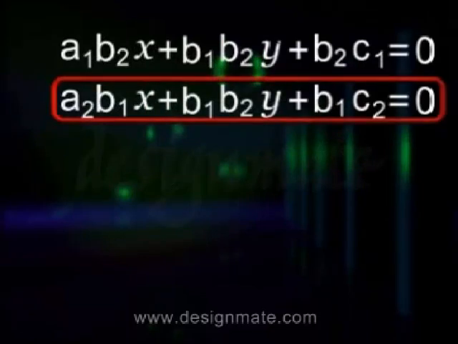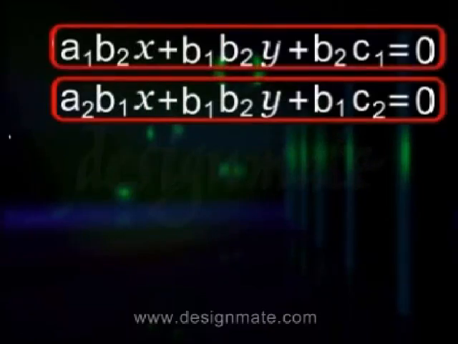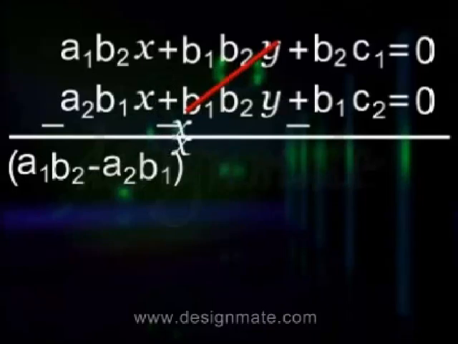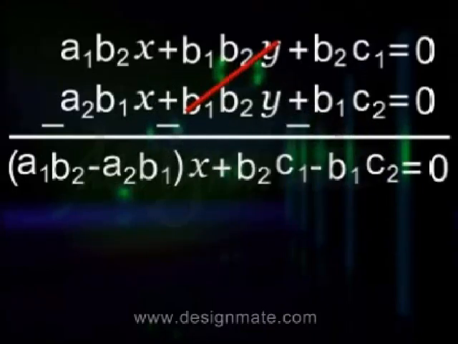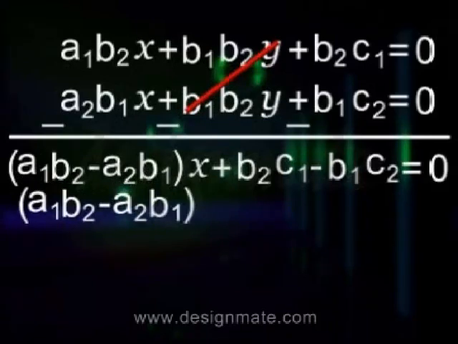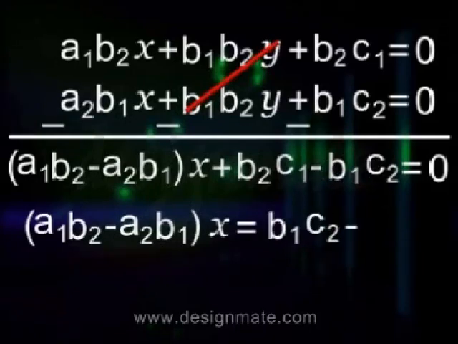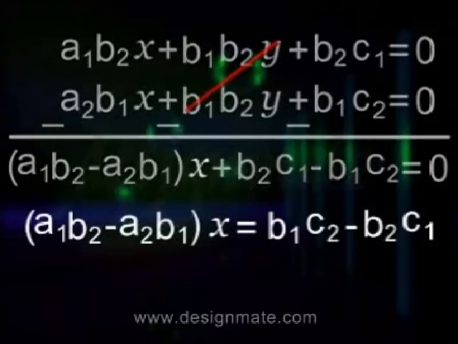Subtracting the second equation from the first, we get (a1b2 - a2b1)x = b1c2 - b2c1.